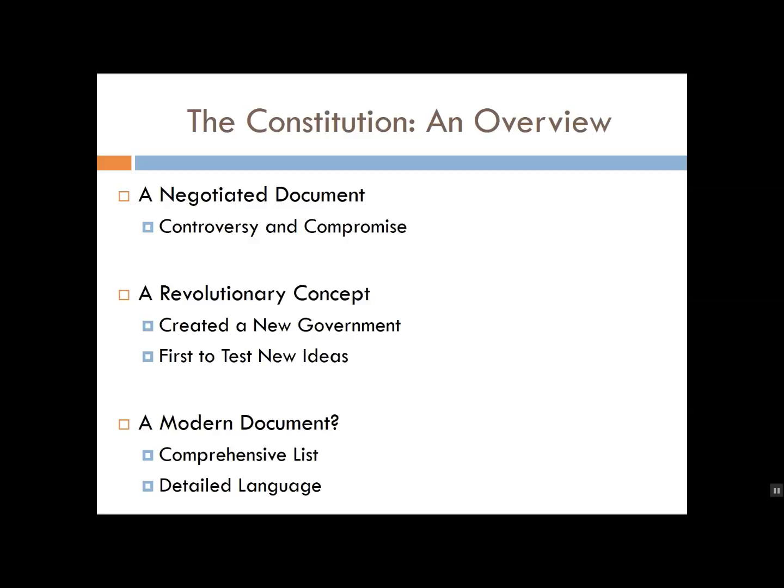Remember, we had 55 separate delegates who attended the Constitutional Convention. And while many of these had very similar backgrounds and priorities, they were still individuals. Each of these individuals had their own set of ideas about what the Constitution should say, how powerful the federal government should be, what it should look like, and how it should function.